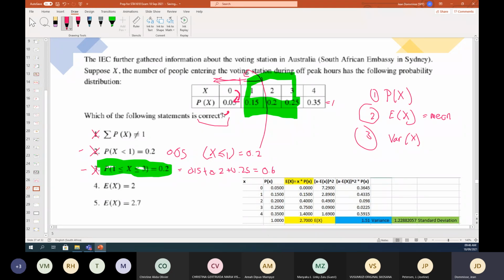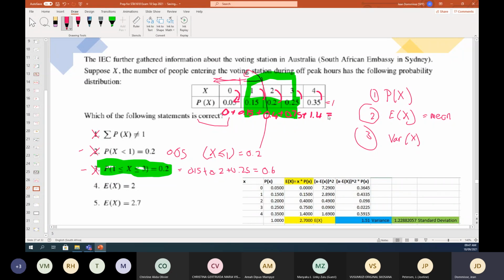So for this it will be 0 plus that times that, so this one would be 0.15 plus that times that, so 2 times 0.2 is 0.4 plus 3 times that is 0.75 plus that times that, luckily it is there, 1.4, and then you would need to add all of them.